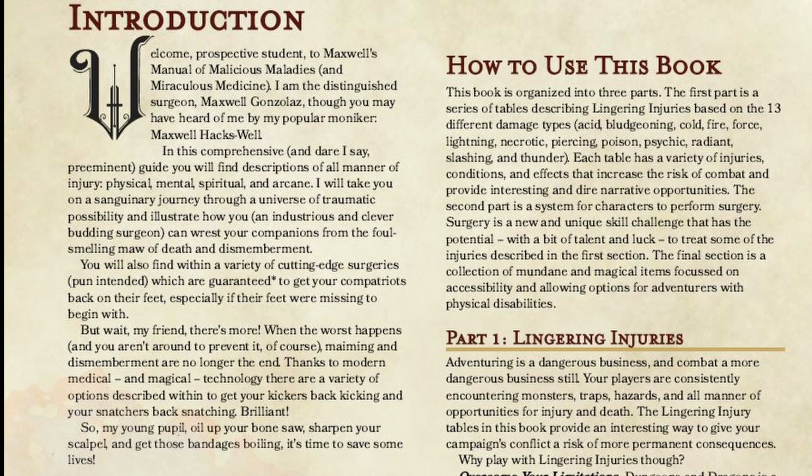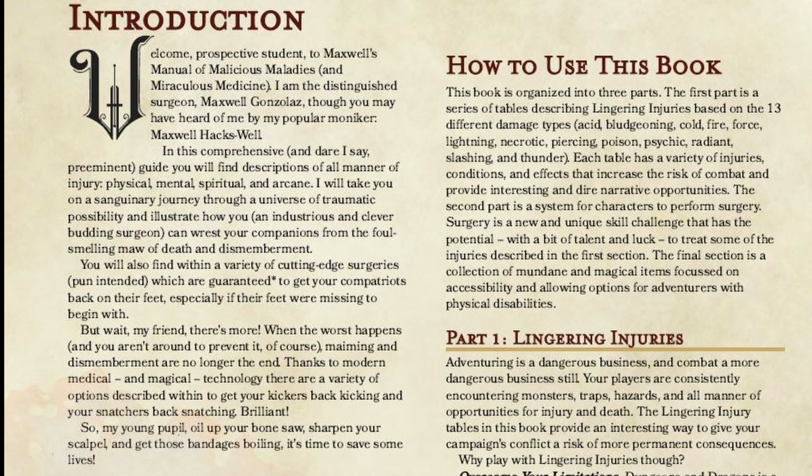In this comprehensive and, dare I say, preeminent guide, you will find descriptions of all manner of injury, physical, mental, spiritual, and arcane. I will take you on a sanguinary journey through a universe of traumatic possibility and illustrate how you, an industrious and clever budding surgeon, can wrest your companions from the foul-smelling maw of death and dismemberment.